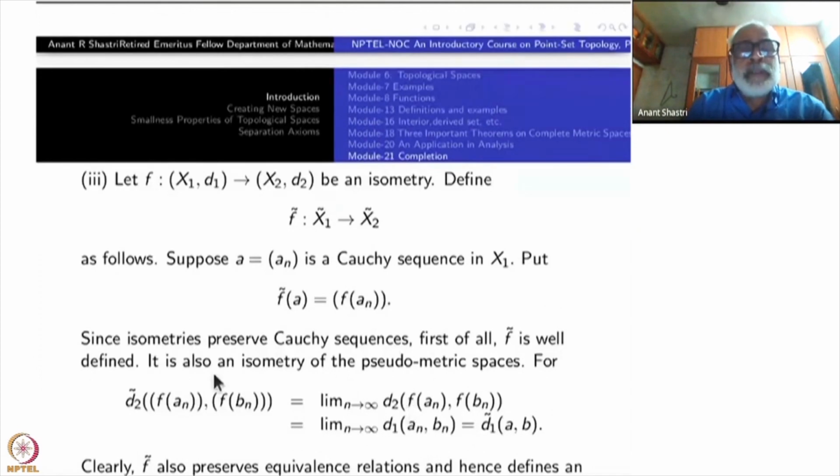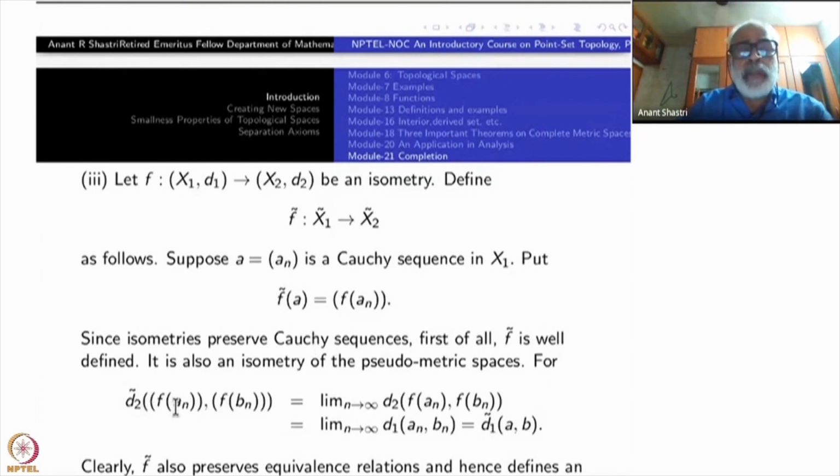Okay. Since isometries preserve Cauchy sequences, first of all, F hat is well defined from X1 twiddle to X2 twiddle. Take a Cauchy sequence here; F of that will be a Cauchy sequence there. Now you see that this F hat is an isometry of the corresponding D1 twiddle, D2 twiddle, the pseudo-metric spaces. The D2 twiddle distance is preserved by this F twiddle.